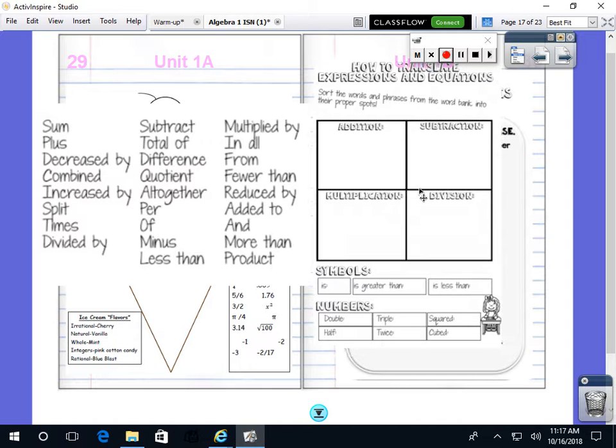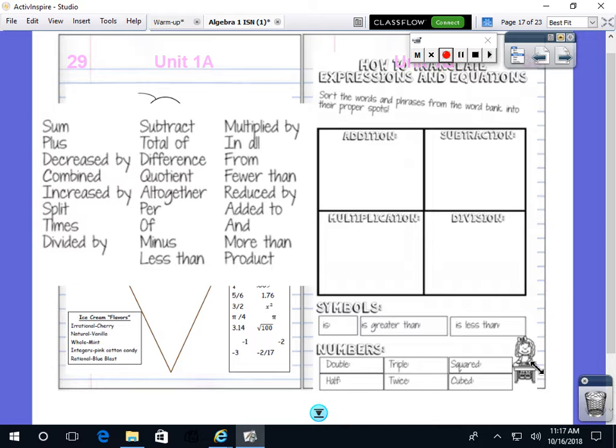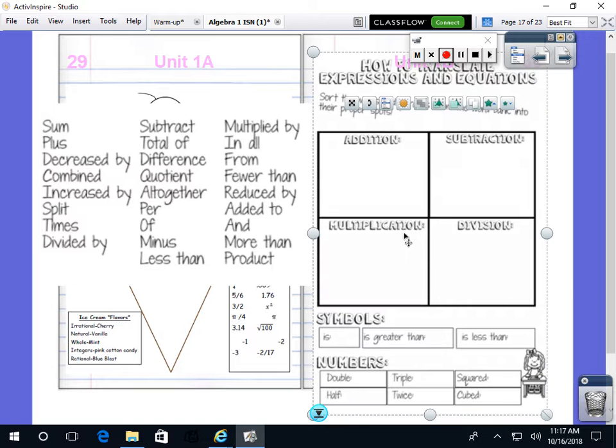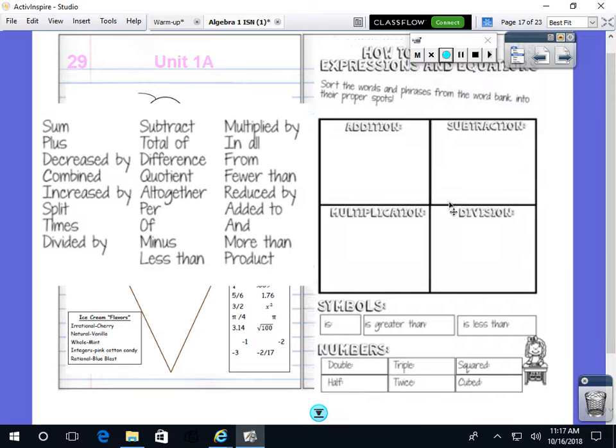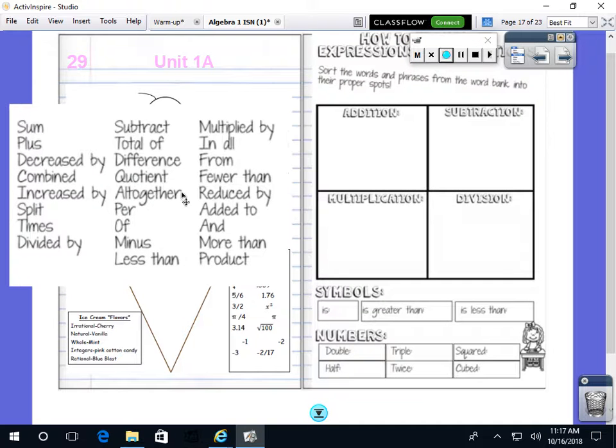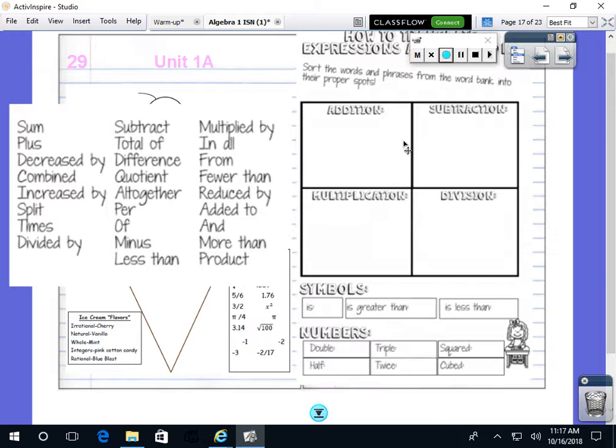Okay, and we'll be looking at this page, but as we look at it, we are also going to be using this part that we cut in half a while ago, and we're going to be filling in these blocks according to what the words mean.